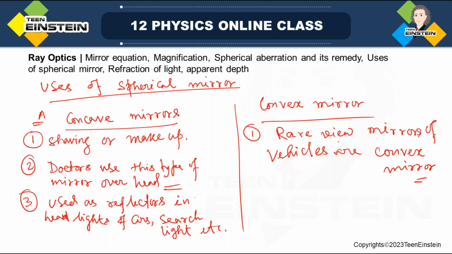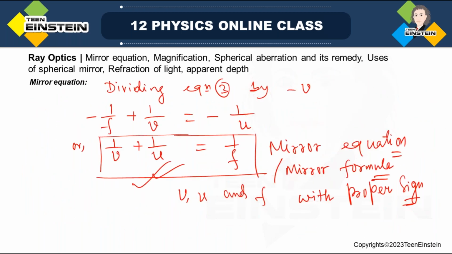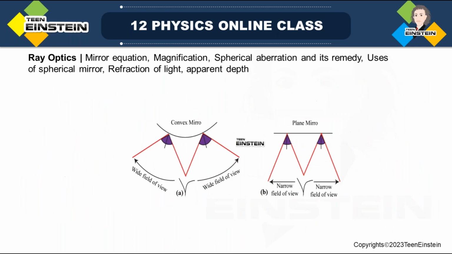So why do we use a convex mirror as the rear view mirror? Why don't we use a plane mirror? The answer is: in case of a plane mirror, the field of view is narrower. In case of a convex mirror, the field of view is wider.